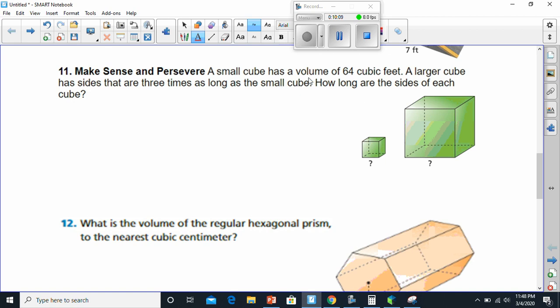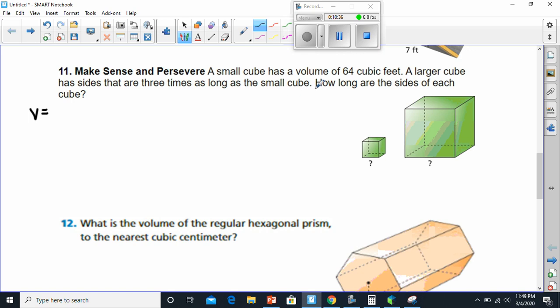Okay. Well, if this is 64 cubic feet, we're going to have to realize what is going to equal that. We remember that our formula should be the same, and I've got our writing tool. We remember that volume is equal to whatever the base is.